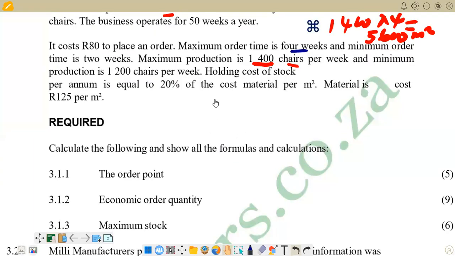If we go to the next question, it is requiring us to calculate the economic order quantity. So what we are going to do first, we are going to put down again the formula for calculating economic order quantity. Then after we have put down the formula, we can substitute the figures that we'll be having in that formula.